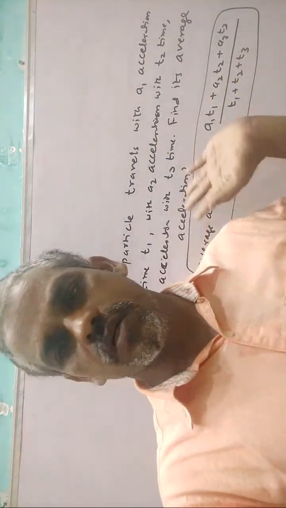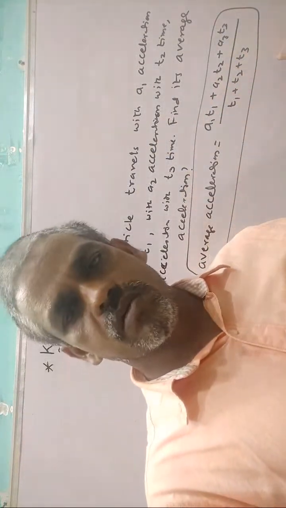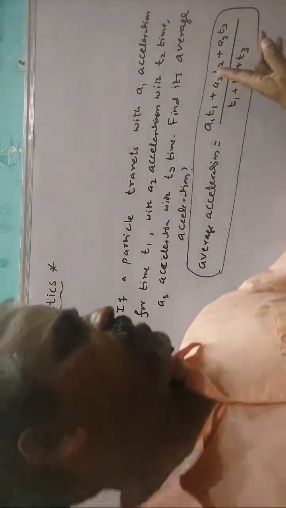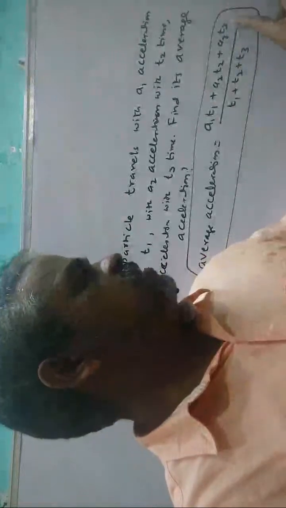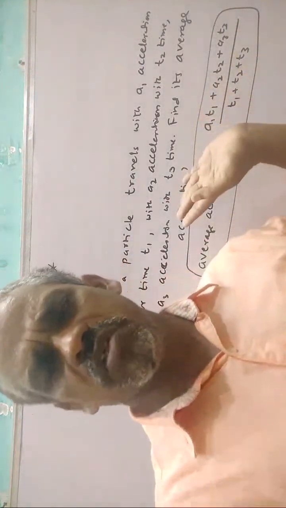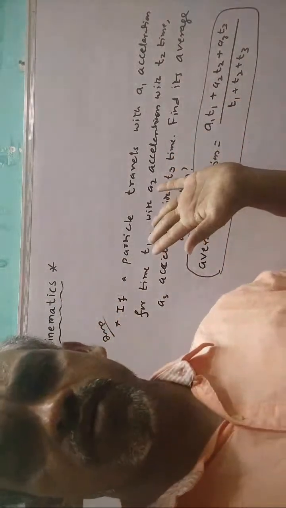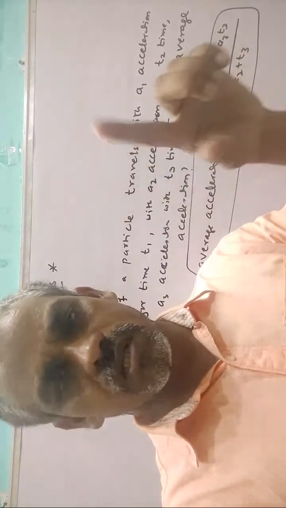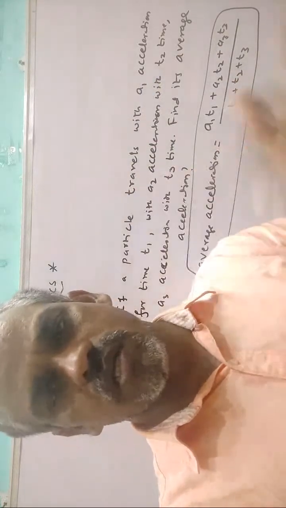That is change in velocity by time, which is nothing but acceleration: a1 t1 plus a2 t2 plus a3 t3 by t1 plus t2 plus t3. Simple. Same like average velocity: s1 plus s2 plus s3 by t1 plus t2 plus t3.